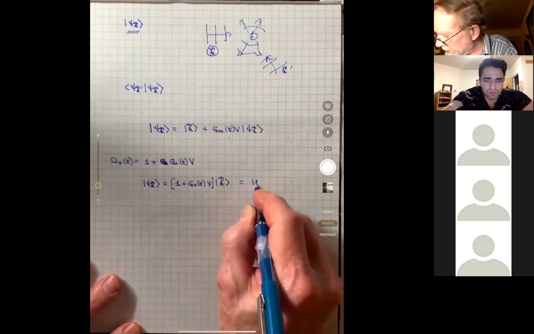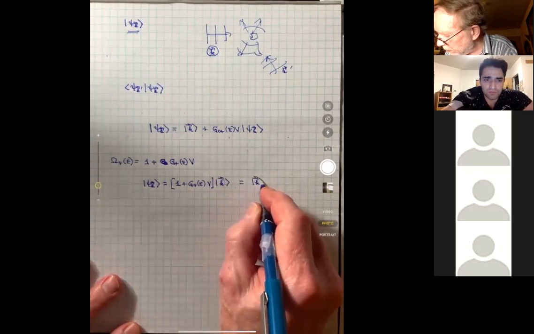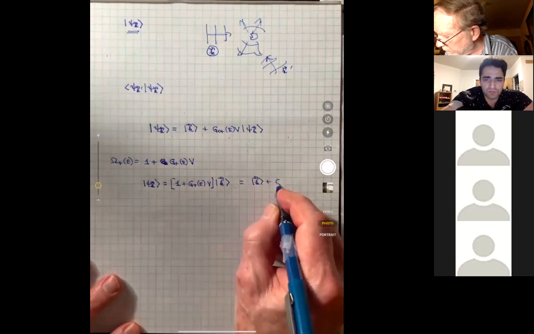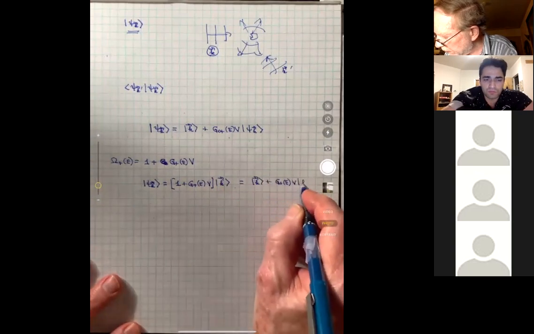That's the same thing as k plus G plus of E times V acting on k.